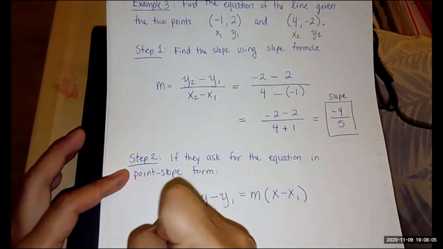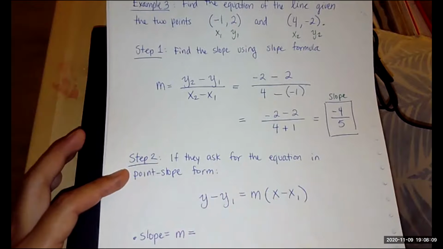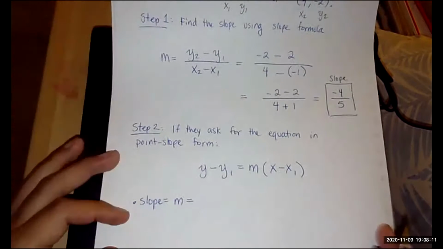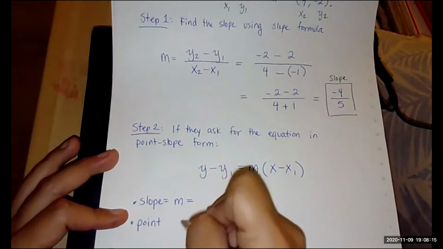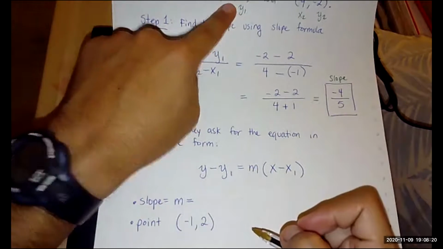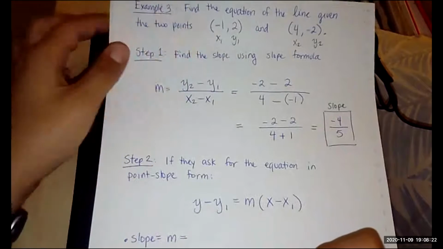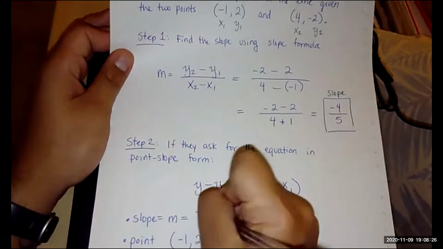But we also need the slope, m, which we found already. And we'll need the point. And the first point is the one that we'll use, -1, 2, the first point that they gave us. And the slope we just found in step 1, so -4/5.